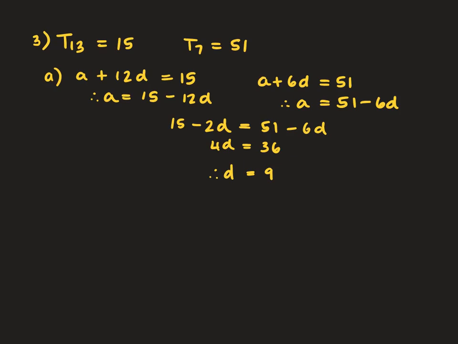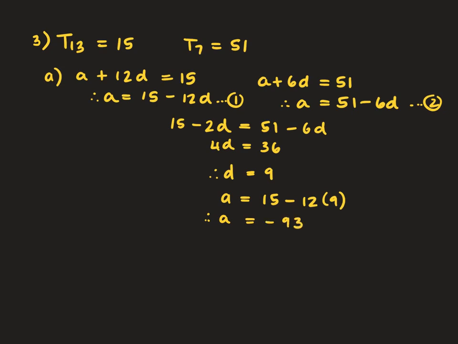Divide both sides by 4. To find A, we sub back into either equation 1 or 2, doesn't matter. I'm subbing it into my first equation. So therefore, what will our first term be? That will be negative 93.